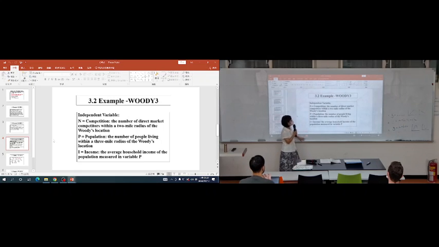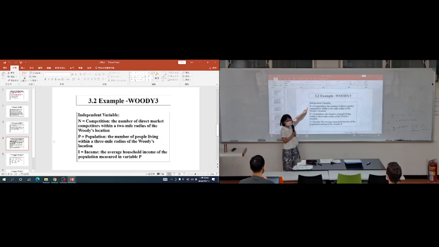So the first one will be the competition. The definition for this competition is the number of direct market competitors within a 2-mile radius of the Woody's location. It means that around this 2-mile radius of the restaurant, how many competitors are there? If you have more competitors, then how does that affect your sales?